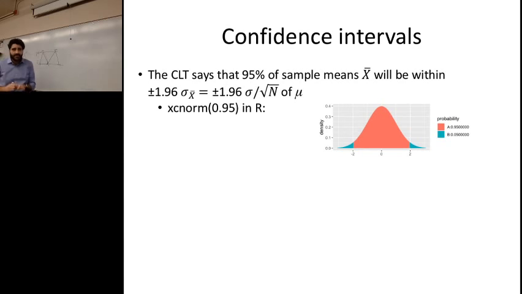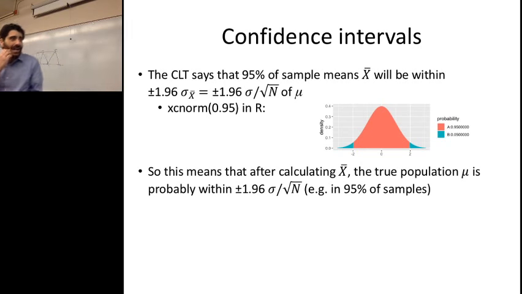So we can basically reverse this logic and say that if we have what we've measured as our sample mean, then the true population mean is probably within 2 standard errors of us, right? We don't know where it is up there, but any population mean within 2 standard errors of us could have plausibly generated the data that we saw.